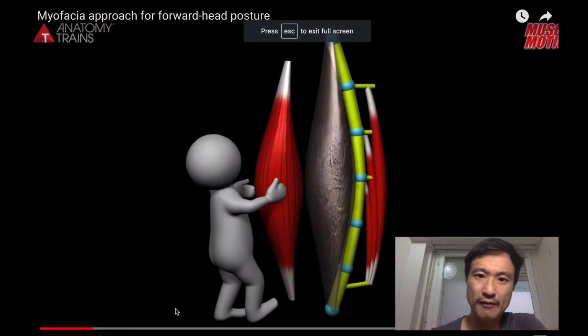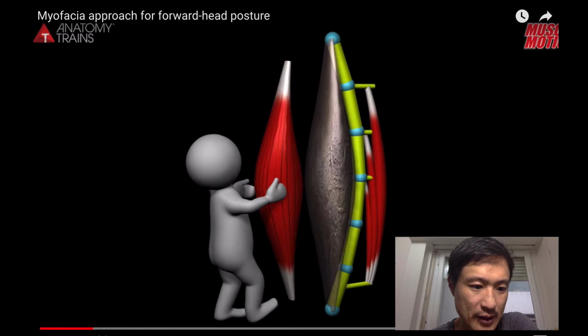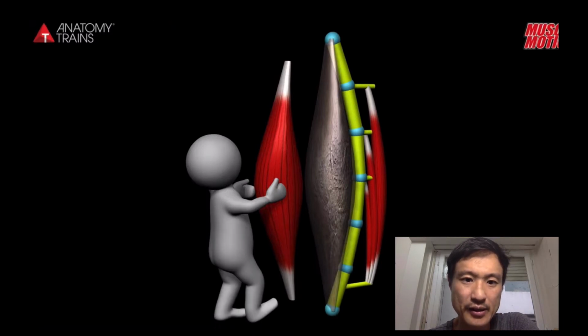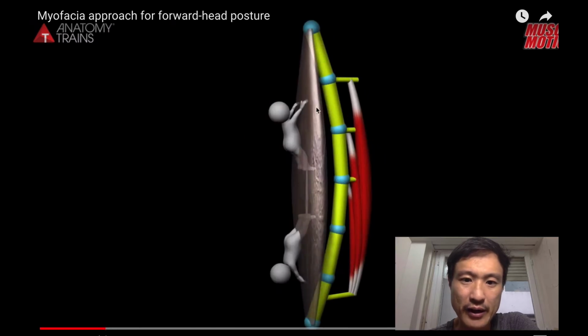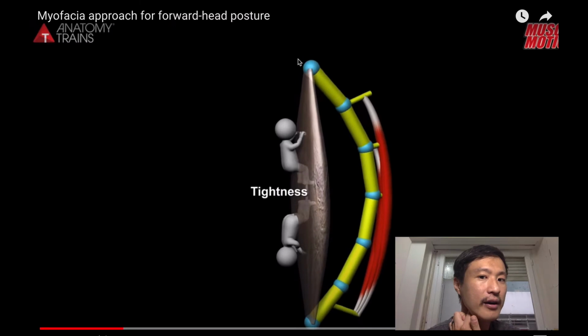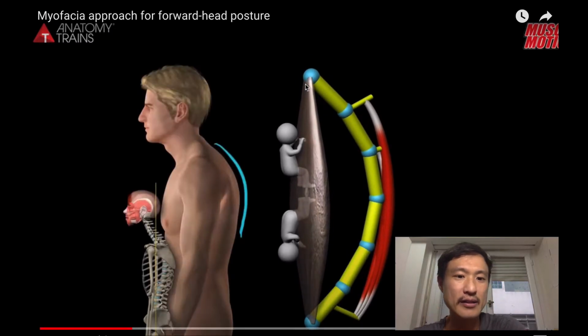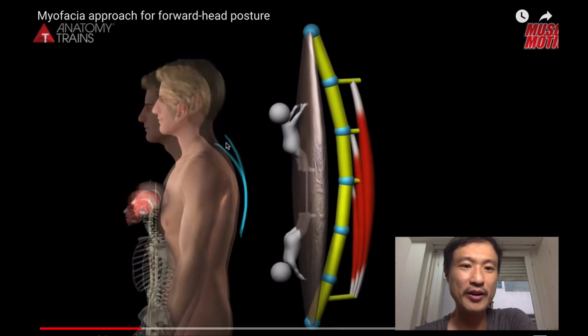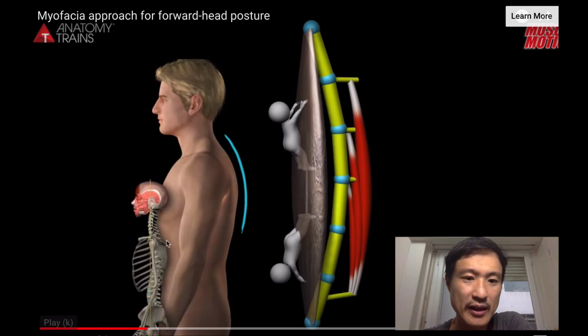Now I want to show you a demonstration of a very good video of what I am talking about. This video right here. So this is what we're talking about. This is the contracted muscle along right here. And this is a very common person. This is not a person that's standing up erect.